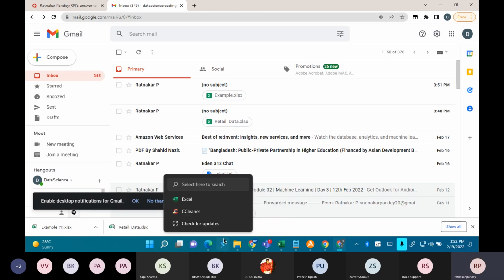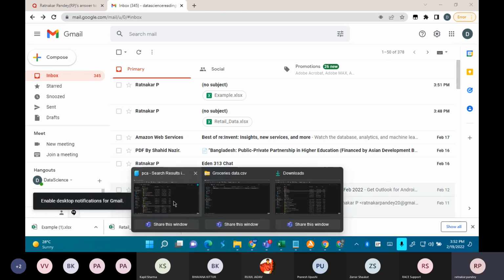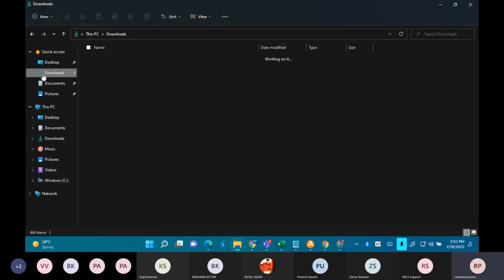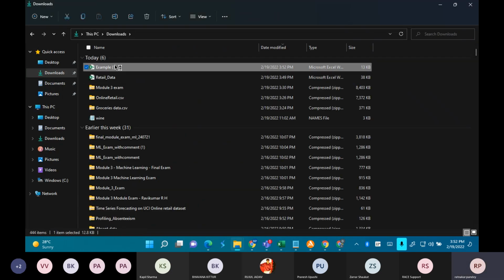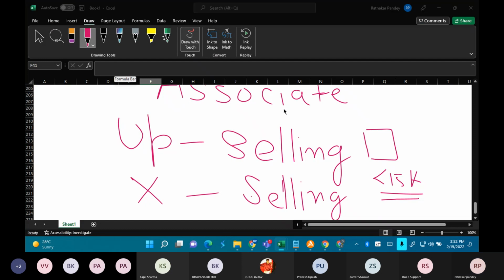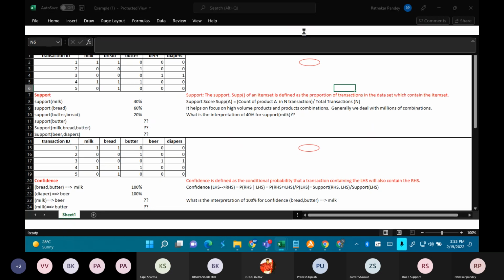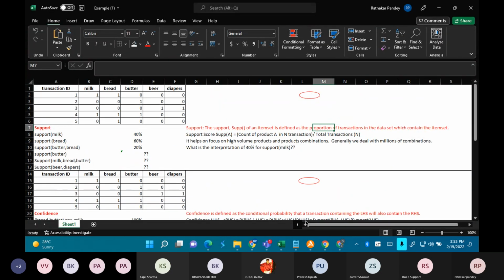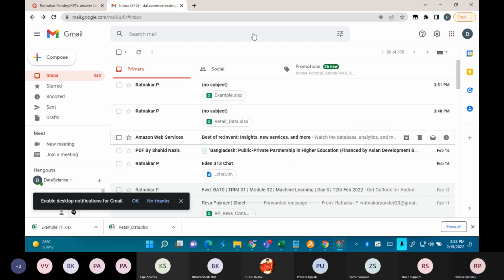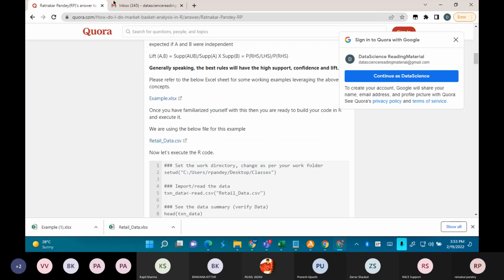Okay, once you have the file, folks, you can go ahead and open it up and we'll begin the discussion using the first file, which is the example in the Teams.